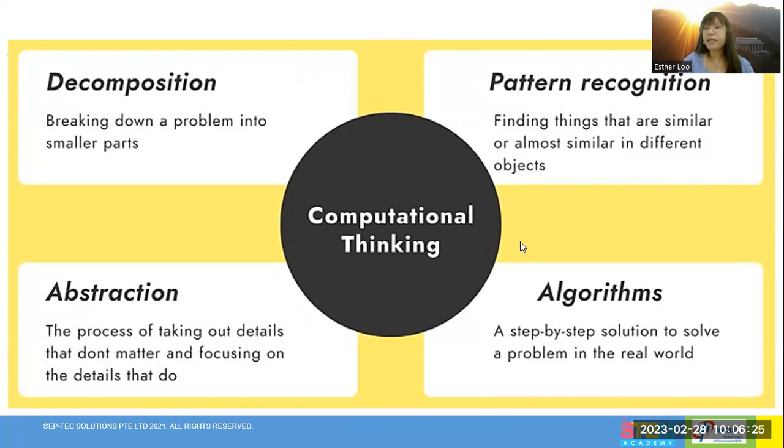And also identifying and focusing on relevant details that can affect the solution, called abstraction, and using a sequence of steps, algorithms, to solve problems. Finally, from here, we'll be able to determine if a computer can help us more efficiently solve all the problems.